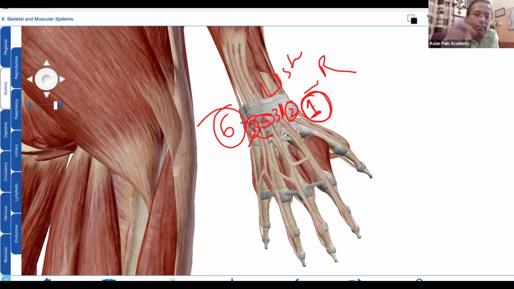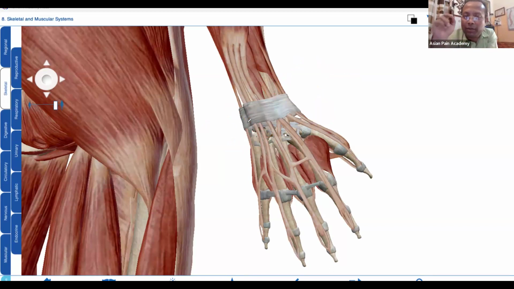What are the things for remembering? There is a Lister tubercle, which is our starting point of ultrasound also. For understanding purposes we must know that Lister tubercle is very important. Just by the side of it is compartment number 2, and on the ulnar side it is compartment number 3.